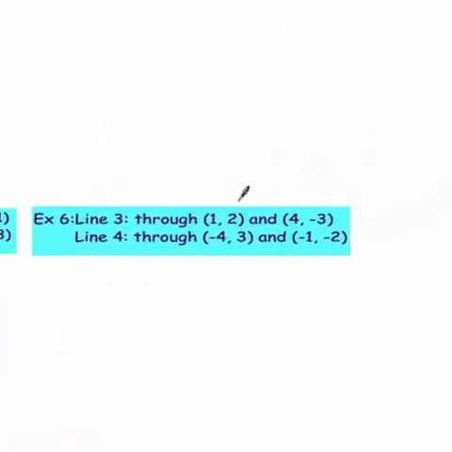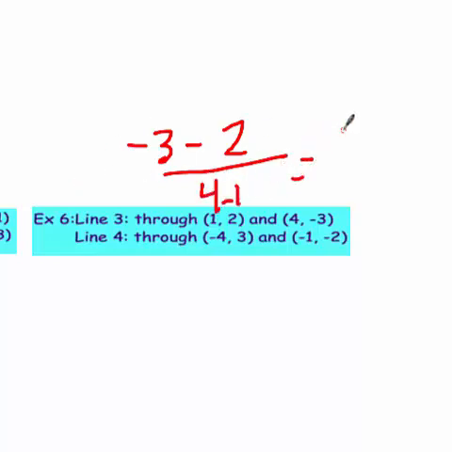All right, so let's talk through example 6. Well, here I have -3 divided by 2 all over 4 minus 1. Well, that would be, in this case, -5 divided by 3.